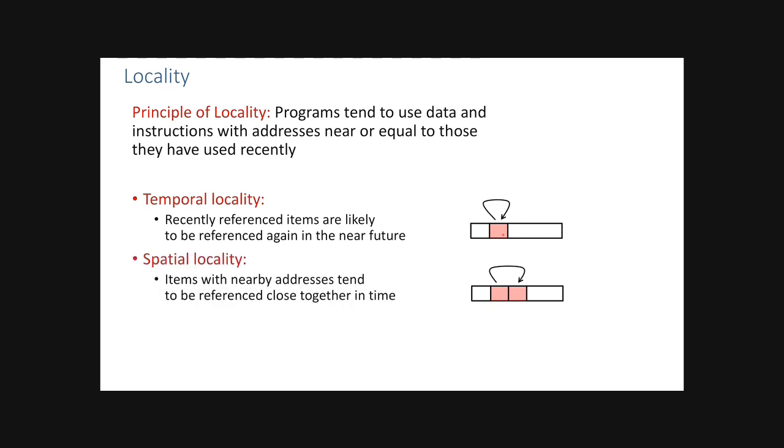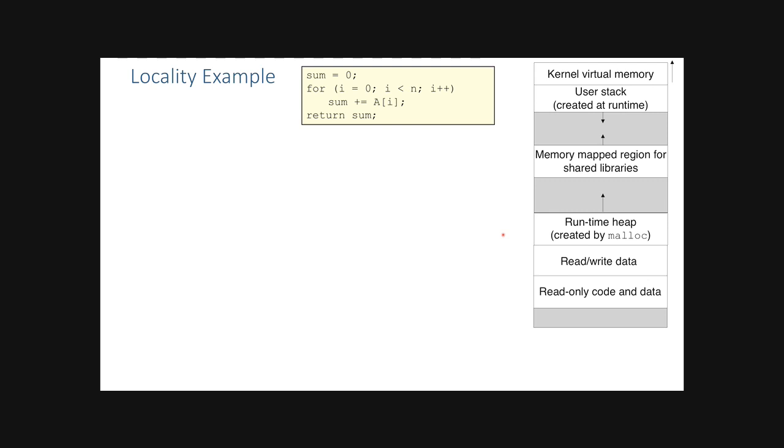There's also something called spatial locality. Items with nearby addresses in memory tend to be referenced close together in time. And we'll see some examples of this kind of thing with a solid example here.